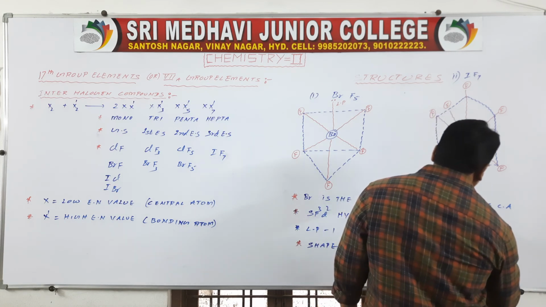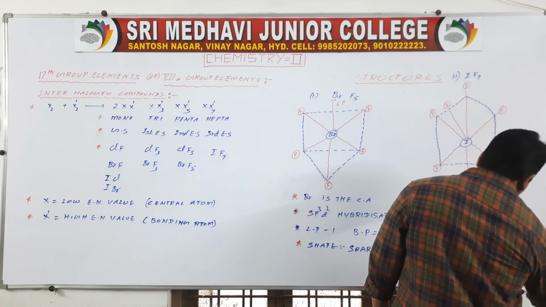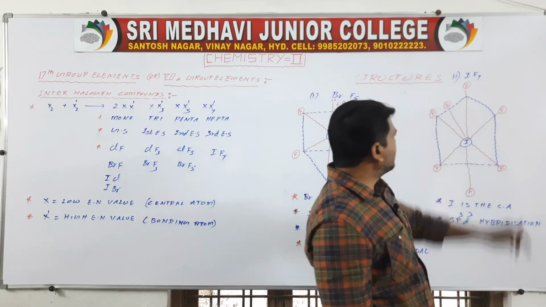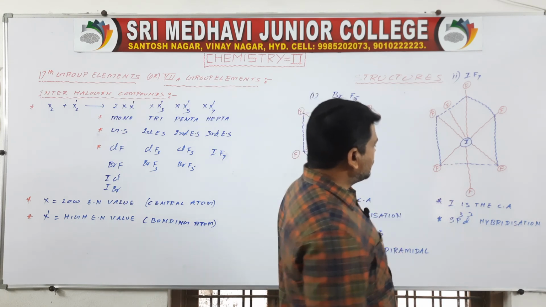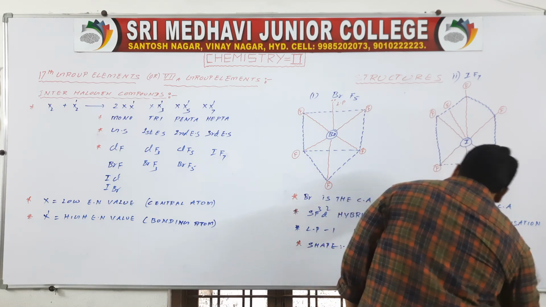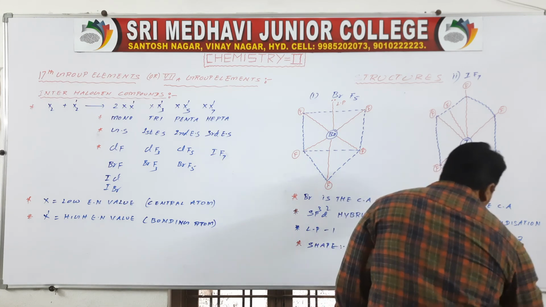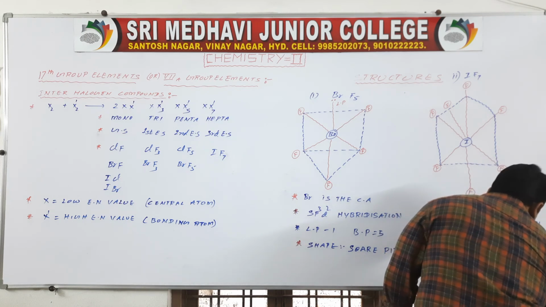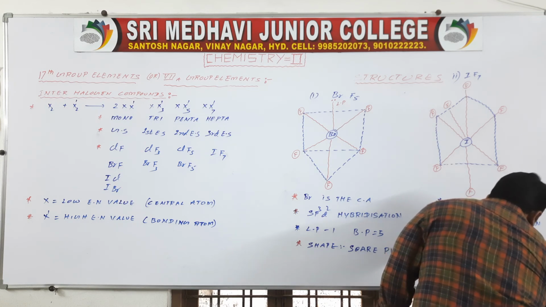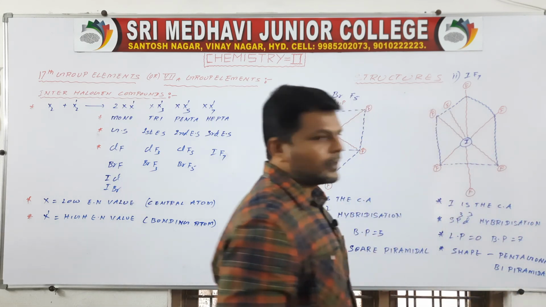Next, sp3d3 hybridization. Lone pairs 0, bond pairs 7, shape is pentagonal bipyramidal.